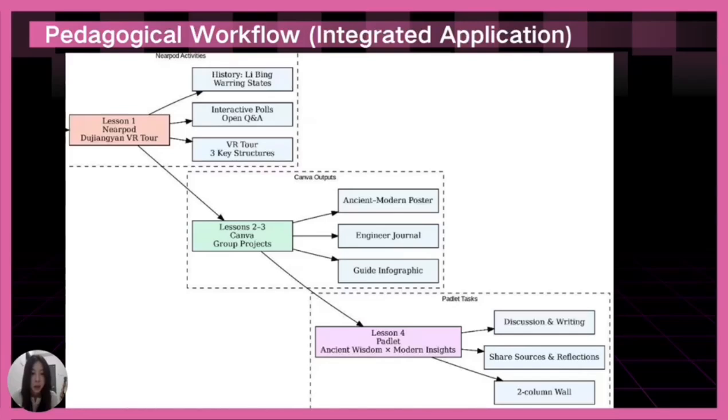We will make ancient and modern posters, an engineering journal, and a guide infographic. During lesson 4, I will use Padlet for an ancient wisdom and modern insights discussion, with discussion and writing, sharing thoughts and reflection on a two-column wall.